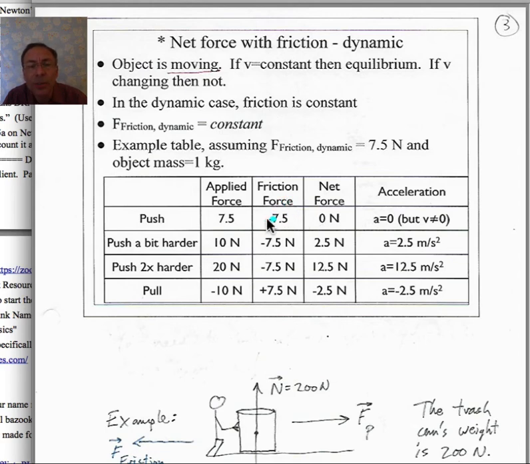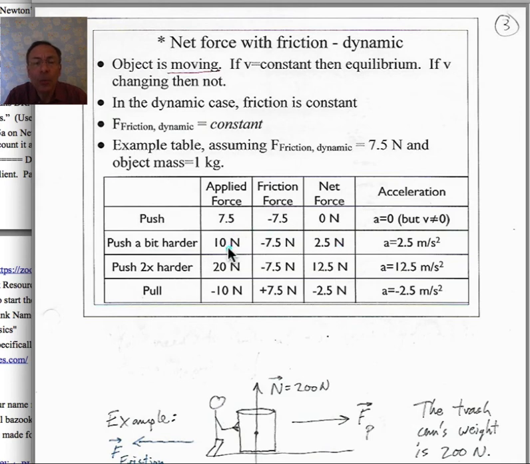The friction force is negative 7.5, because we're pushing to the right, and that's the positive direction. And remember, friction is always in the opposite direction. So if the brick is moving to the right, the friction is to the left. The net force is 0, so it will not be accelerating.